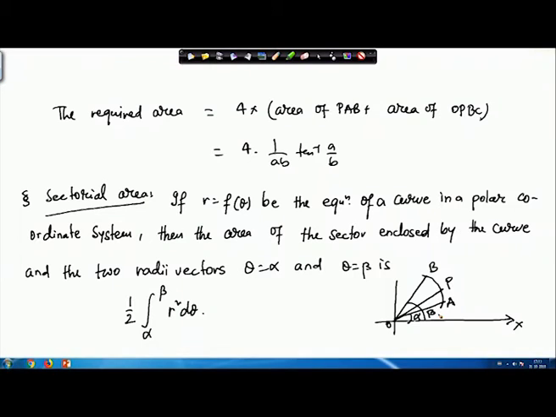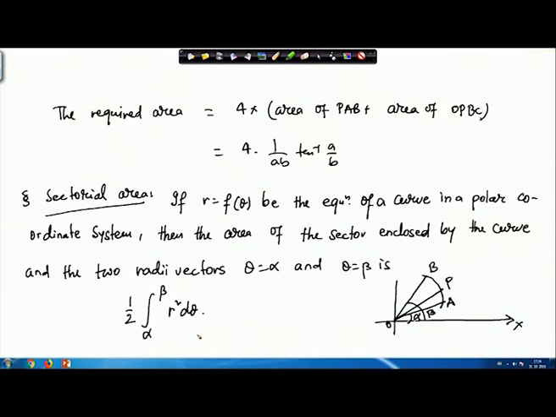So the sectorial area means the area bounded between OA and OB and this curve, so this area between these radius vectors and the curve. This is called the sectorial area, and it is given by 1 by 2 integral from alpha to beta r square d theta.